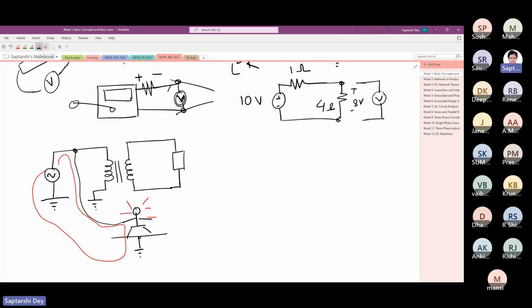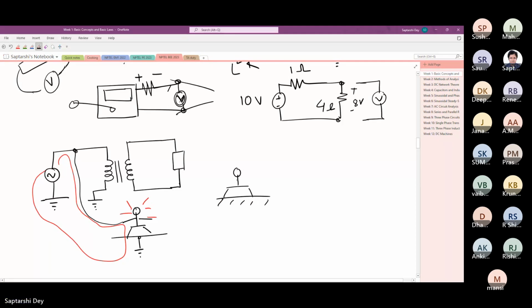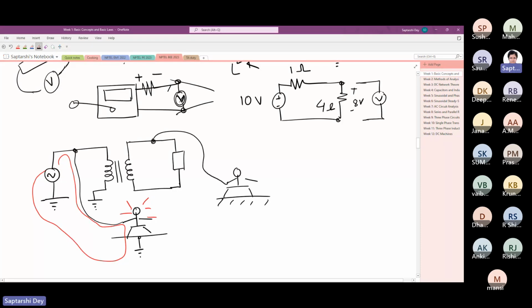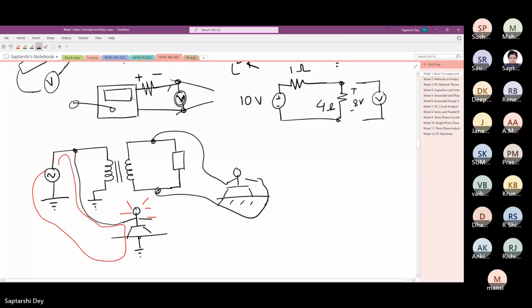Now another person, standing on the same ground, touches this side of the transformer. He will not get any shock because there is no path for the current to flow. Only if he touches this side with one hand and this side with the other hand will he get a shock.